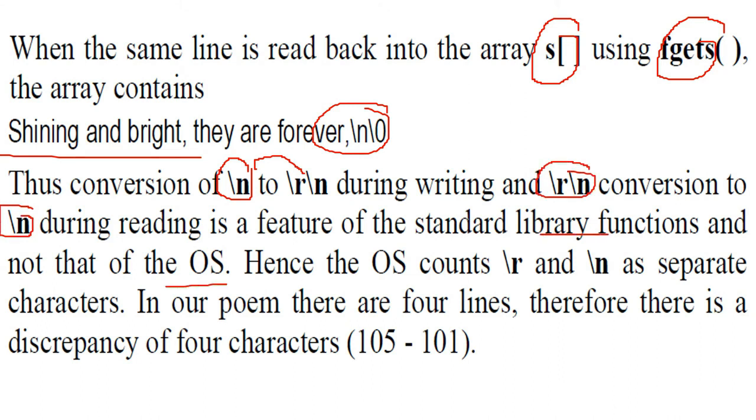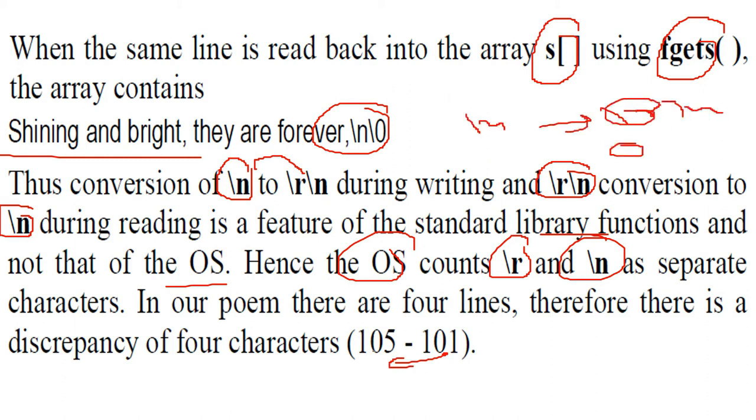So the operating system will count \r and \n as separate characters, as 2 characters. So if we assume that our file has 4 lines, we have 4 \n to \r\n conversions. As we have 4 characters more, the operating system is going to count 4 more. That is why the discrepancy is there.